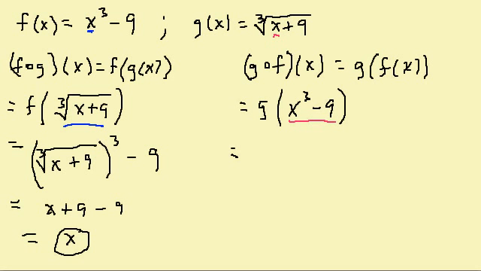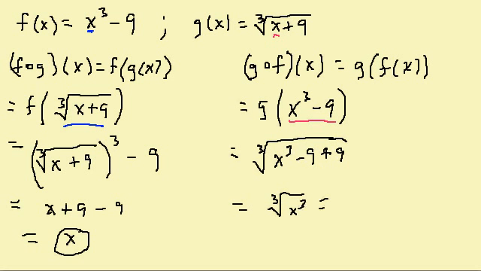So I get the cube root of x, and in the place of x, I'm going to put x cubed minus 9 plus 9. And so I get negative 9 plus 9 is 0, so that leaves me with the cube root of x to the third, and the cube root of x to the third is x. And that's all of this video.